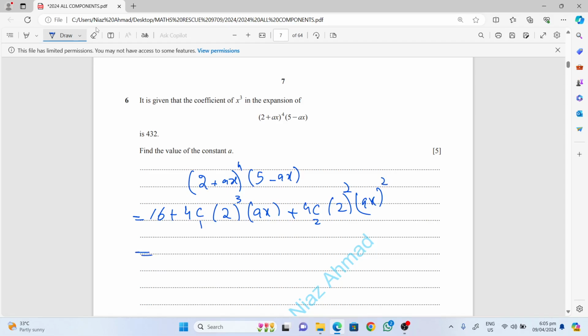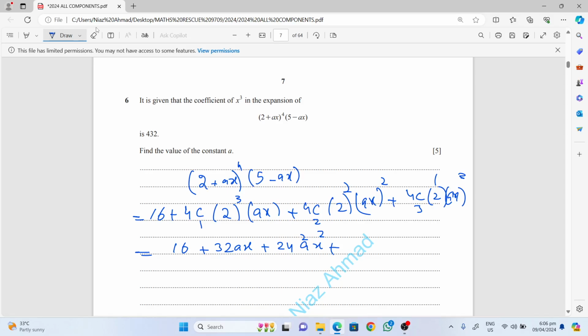So we are going to get 16 plus 32ax plus 24a squared x squared, plus if you want to go for the cube, 4c3, 2 raised to the power 1 and ax cube.